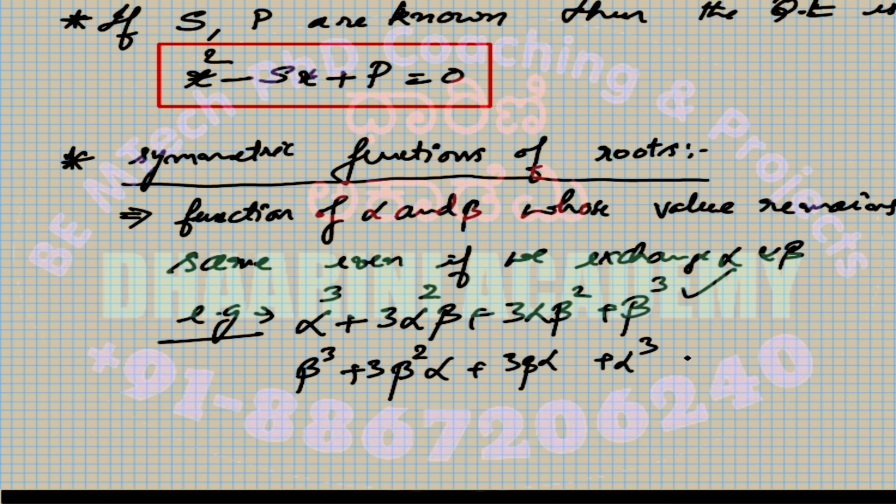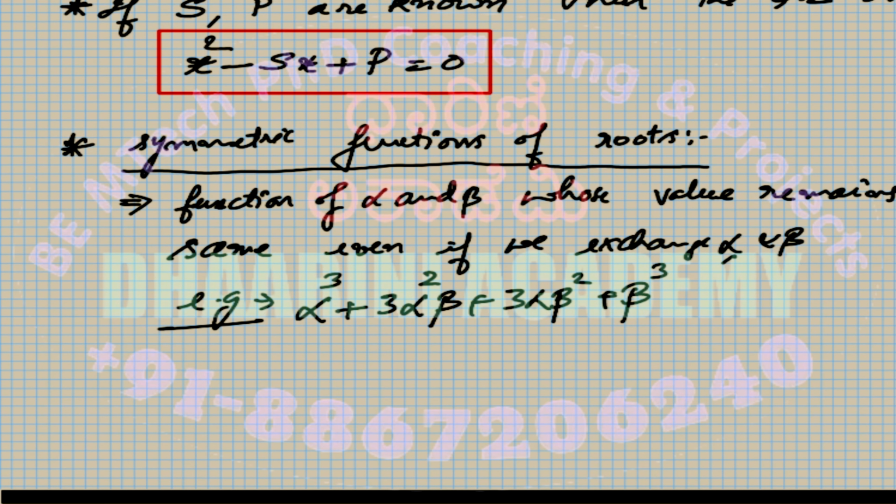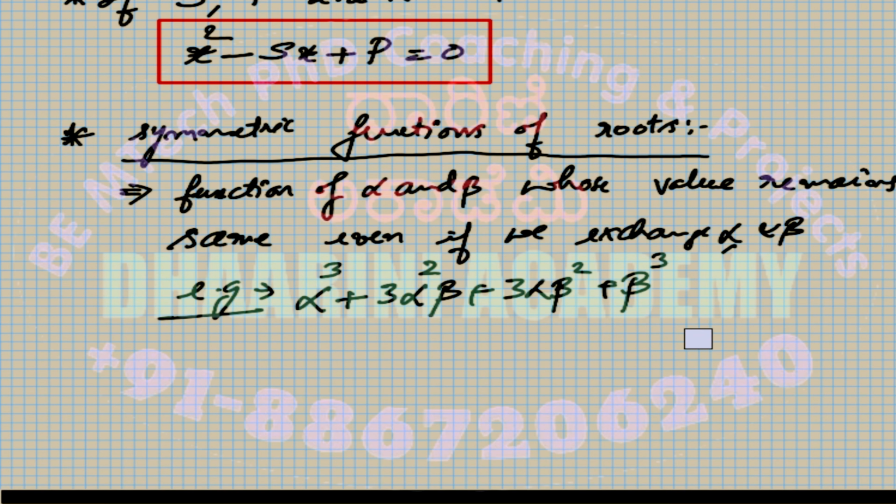You can see that both are same. Such functions, where even if you interchange alpha and beta the function remains the same, are called symmetric functions of alpha and beta. We are talking about symmetric functions related to the roots of a quadratic equation. We have two roots, and even if you interchange the roots, it should not alter the function.